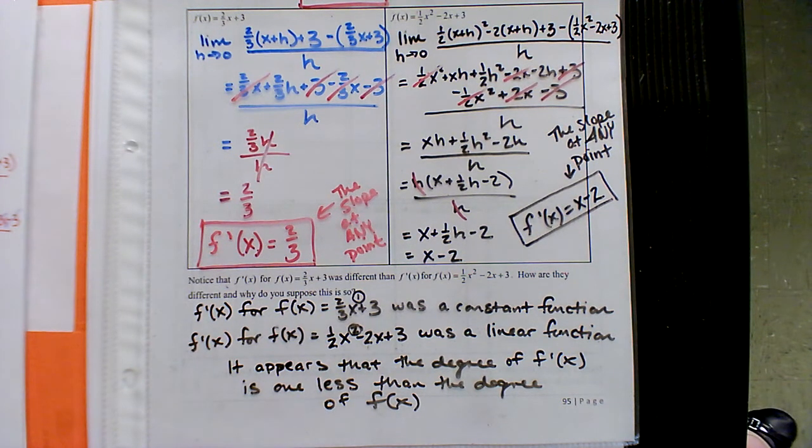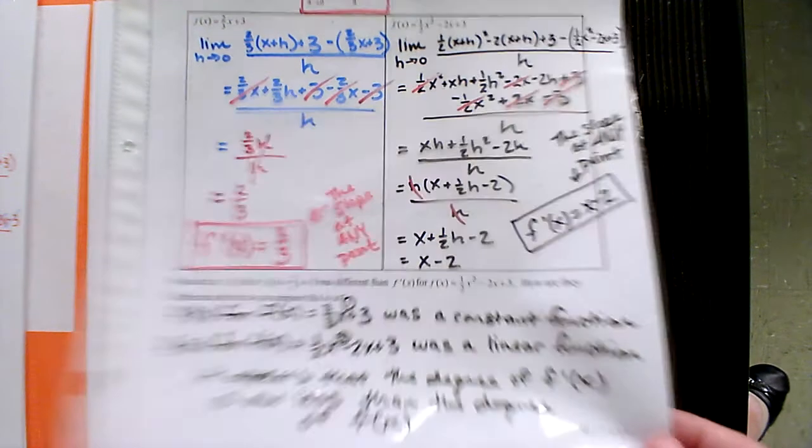So that's nice to anticipate, because when you're going through solving derivatives, or at least figuring what they would be, if you get something that's a degree more, maybe you did something wrong. So it appears that the derivative should have 1 less degree, 1 less power than the original function does.